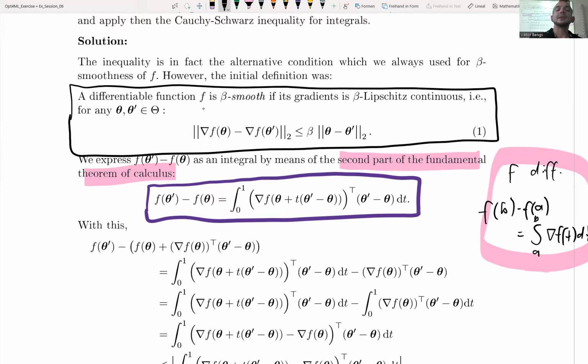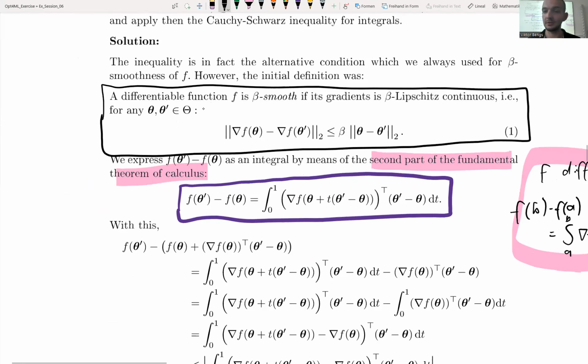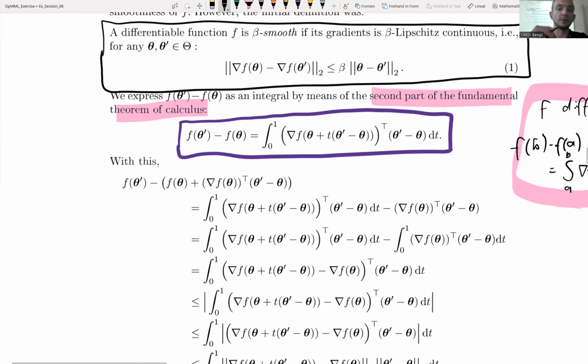So my claim is the difference between f evaluated at theta prime and f at theta can be expressed by this integral, which is coming from the second part of the fundamental theorem of calculus. Why?